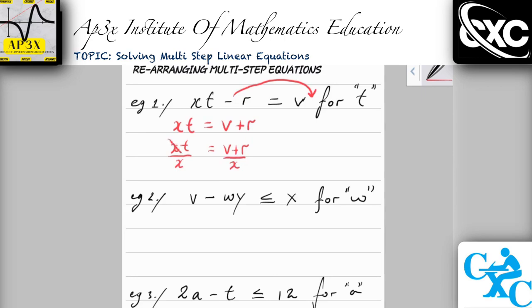So then x cancels x. So the expression that we could use to find t is in fact v plus r divided by x, and that there is our final answer. All right, so we've just rearranged the equation and made t the subject.